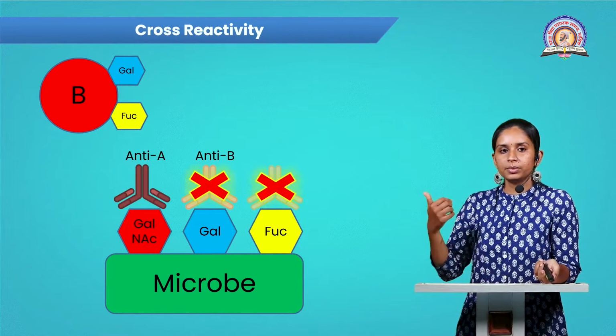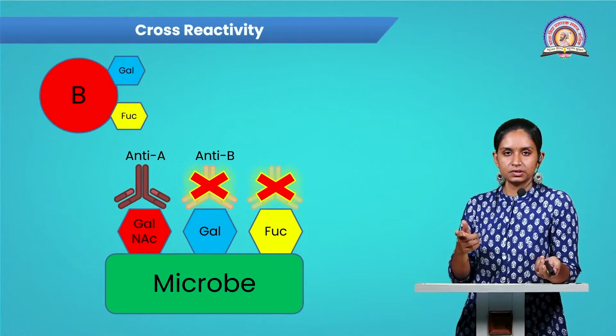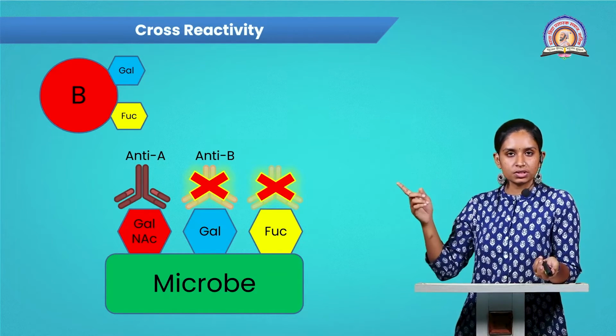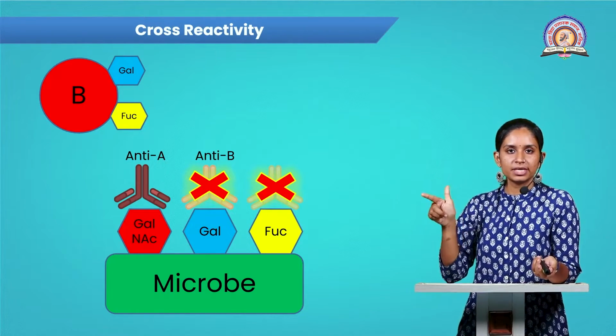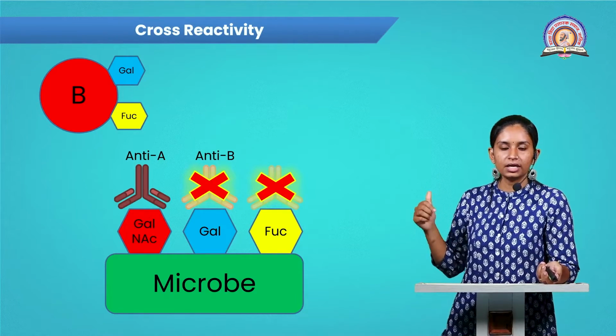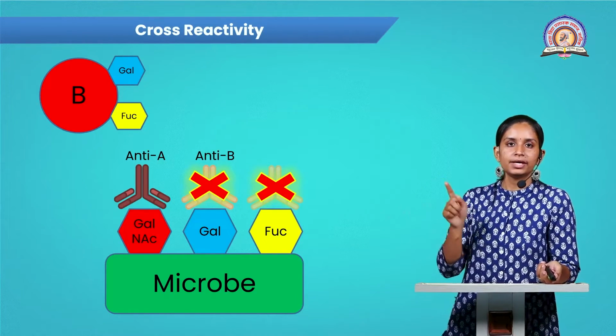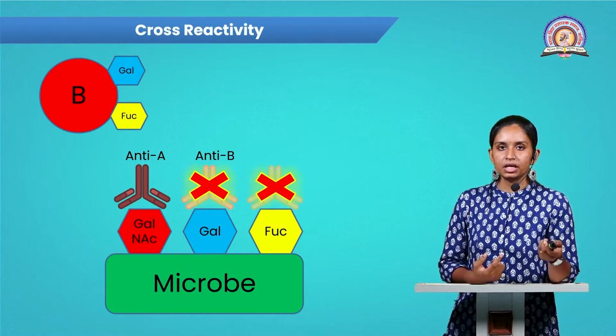Now if my blood group is B, what will be present on the surface of RBCs? Similar to A, galactose residue and fucose will be present. So now these two are my self antigens. So antibodies against these two, that is anti-B and the antibody against fucose, will be eliminated, and in my blood only anti-A will be present.